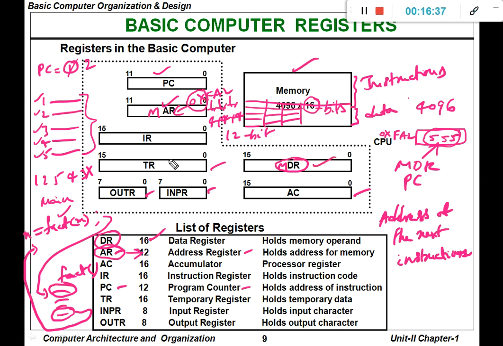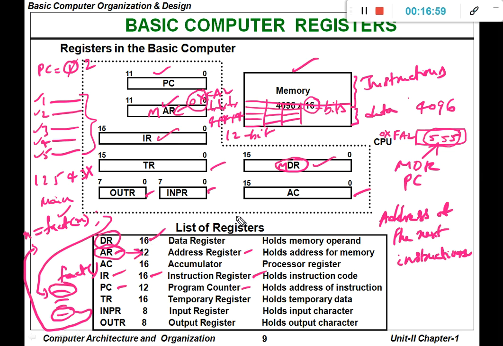Finally, one more very important register is IR. IR represents the instruction register. In the previous class, we discussed elaborately about the instruction format.